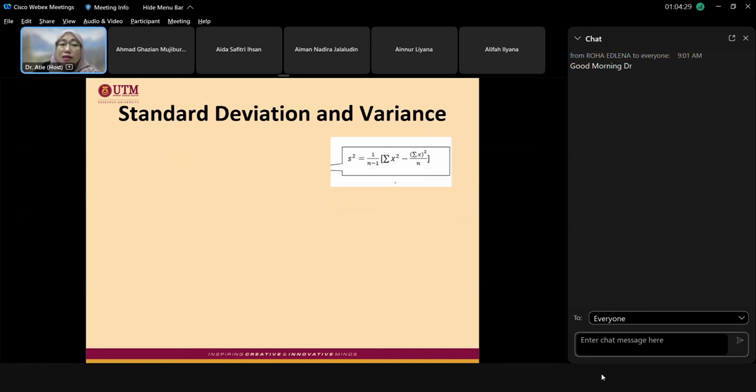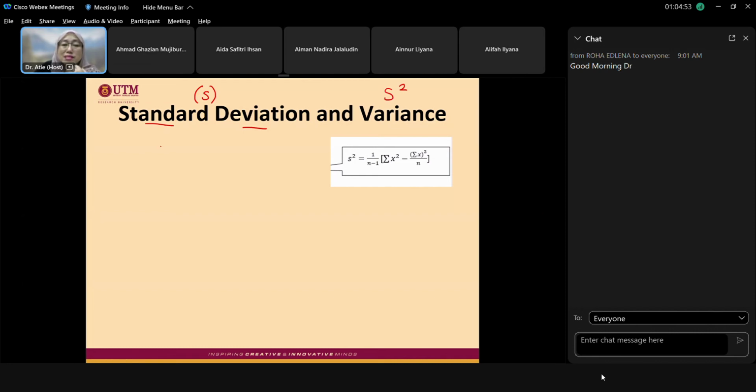Okay, and then the next one, a very important measurement, which we call standard deviation and variance. Standard deviation we represent by using a small s, and the variance is the square of the standard deviation, so s squared.